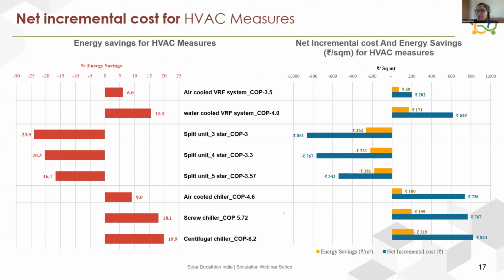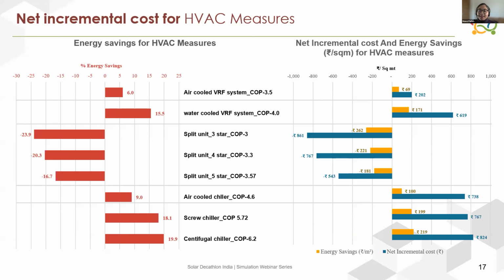So then we come to the concept of net incremental cost, even for HVAC measures. The chart on the left shows percentage energy savings by HVAC measures, and the graph on the right shows the net incremental cost in rupees per square meter. The bar in yellow shows annual energy cost savings in electricity, and the bars in blue show the net incremental cost.